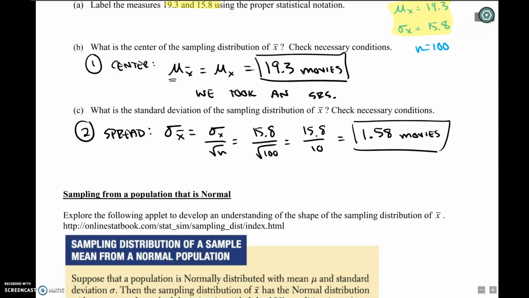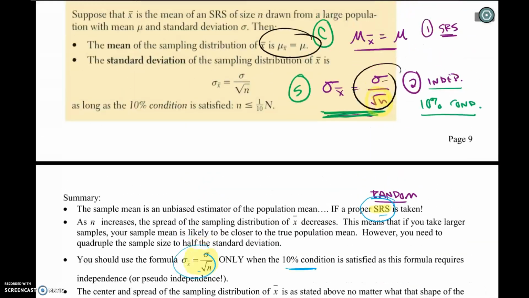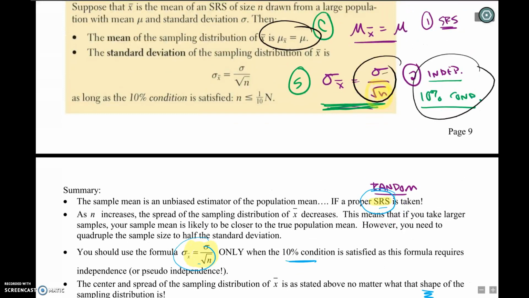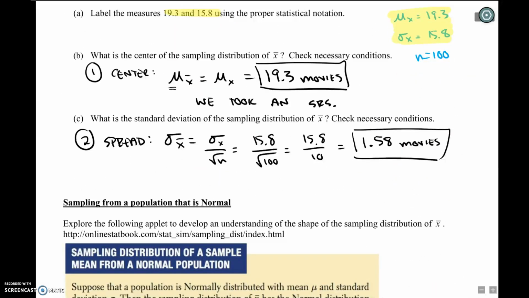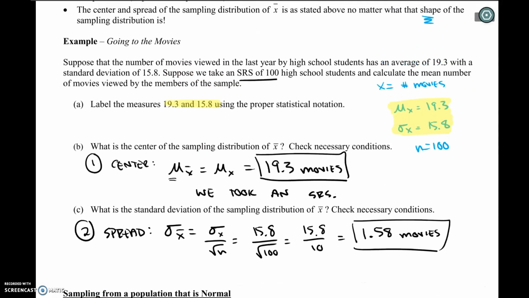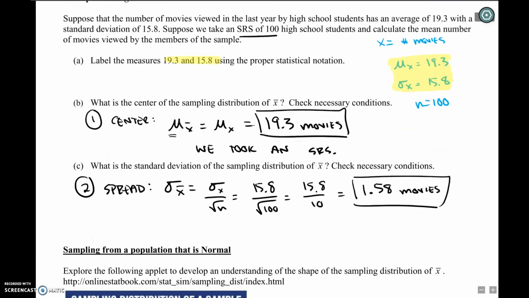Check the necessary conditions. This formula is only valid if you have independence. So let's check it. My sample size was 100. Well, what I don't know is how many kids were in this high school. If this is a small high school like ours, I think we're going to have problems. And it didn't really say that it was a large high school. So I don't know if this condition may fail.